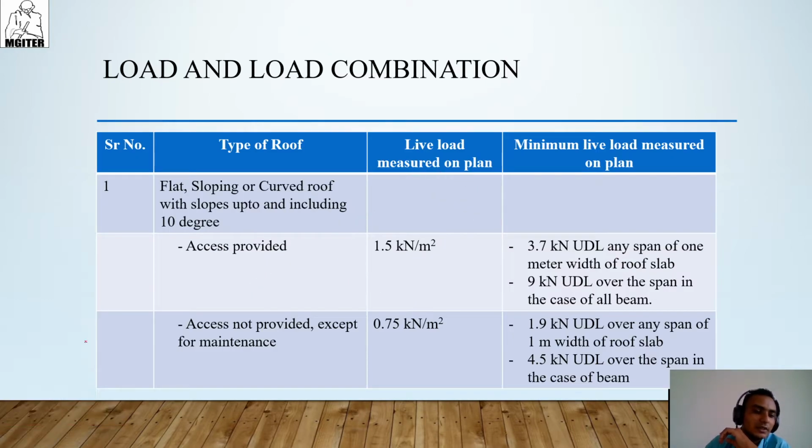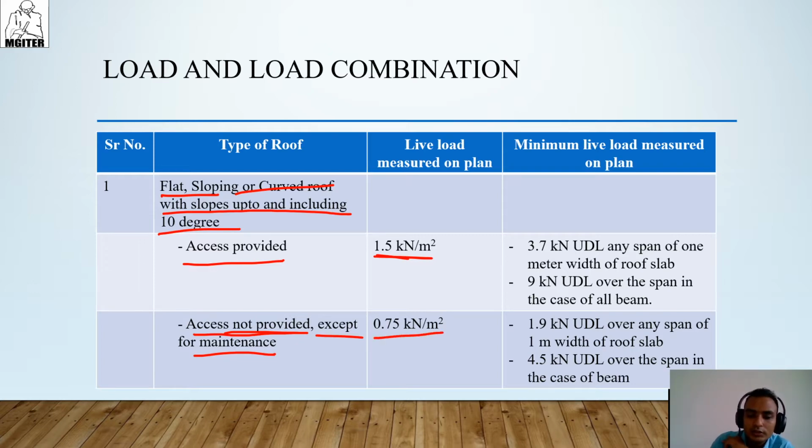Then after, this table is here: flat, sloping or curved roof with a slope up to and including 10 degree. If access is provided, then live load will be 1.5 kN per meter square. If access is not provided, except for maintenance, we have a live load 0.75 kN per meter square.